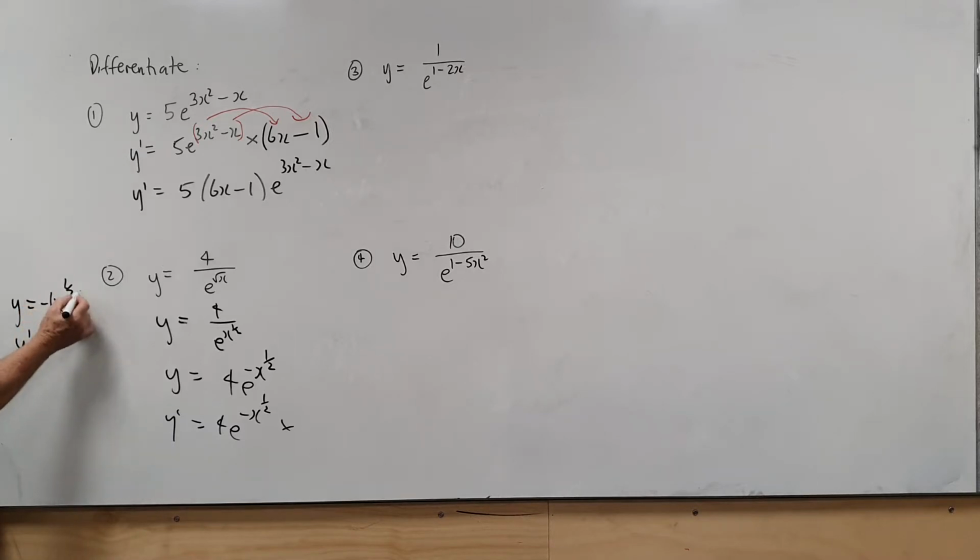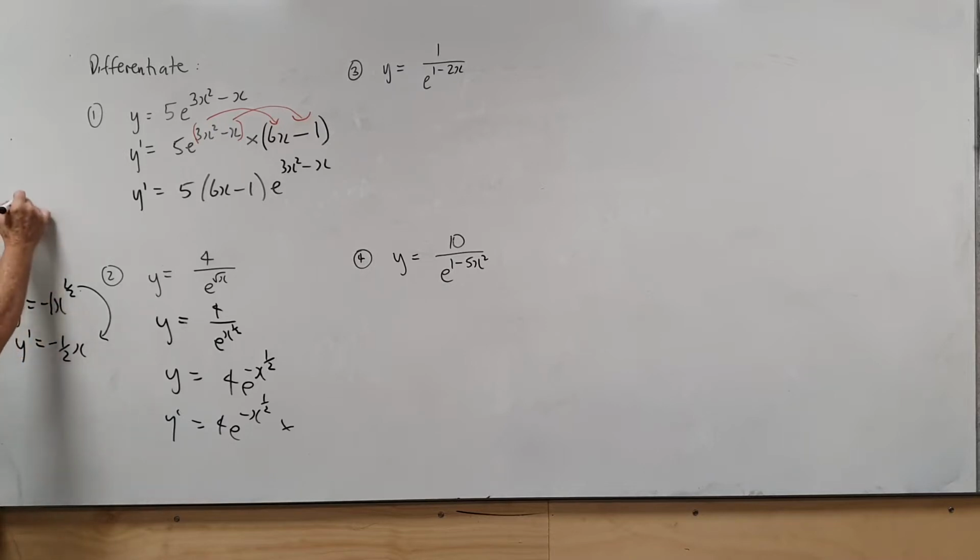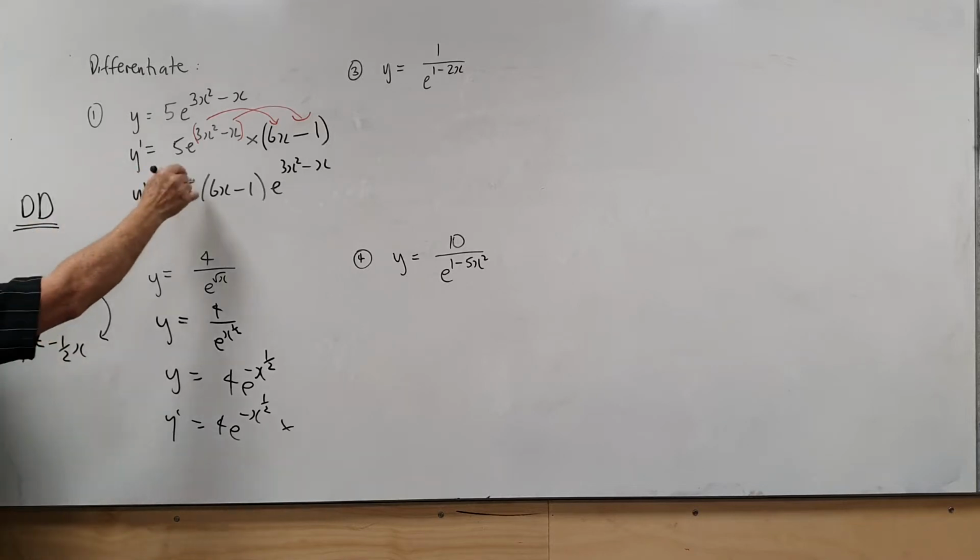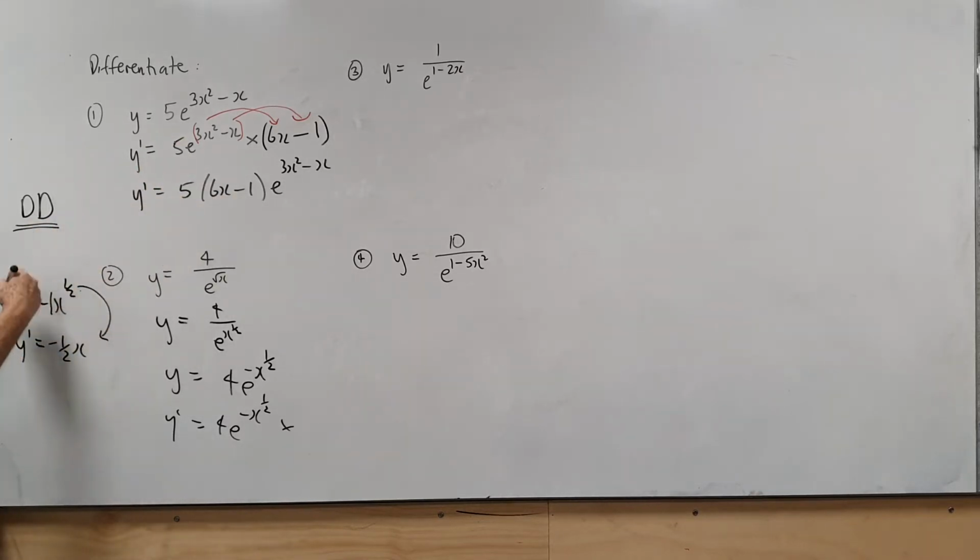So half times 1 is a half x with a negative, and the half becomes a negative half. When we're differentiating, we decrease the powers, so normal everyday powers, that becomes a minus a half.